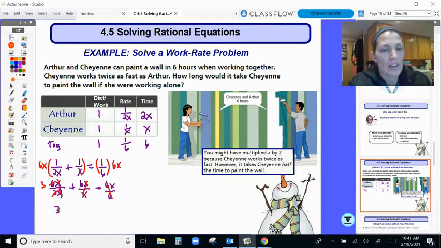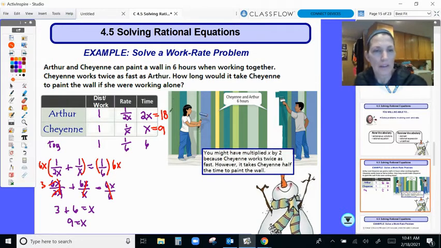So I end up here with 3 plus 6 equals x, which is 9 equals x. So up here, we know that Cheyenne can do this by herself in 9 hours, and it's going to take Arthur 2 times 9, which is 18 hours. Okay, so Cheyenne would paint the wall in 9 hours all by herself.